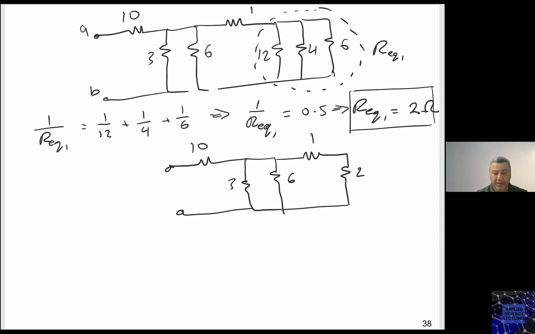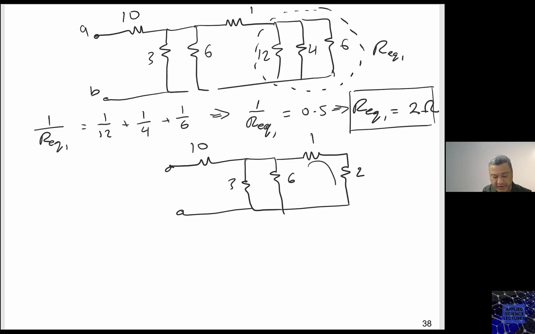So now we have 1 and 2 that are in series. Equivalent is a 3. Then this is 3, with the 6 and the 3 in parallel. 3 and the 3 is 1.5. Any two equal resistors that are in parallel, the equivalent would be half the resistance.